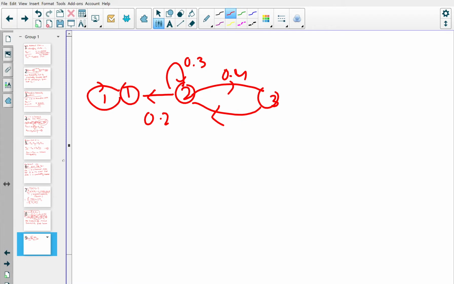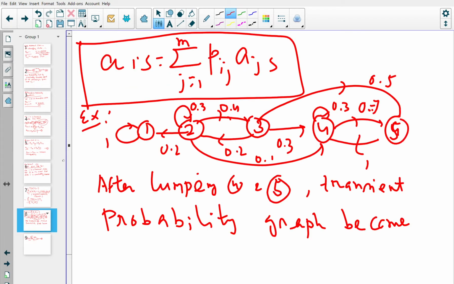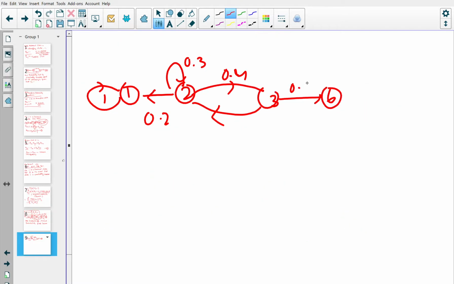Then the 4 and 5 you lump into one state, say 6. Recall that from 3 you can go by 0.5, and then from 3 you can go to 4 by 0.3, so 0.3 plus 0.5 will become 0.8, because 4 and 5 are now a new state. Here you will have 1, but from 2 you can come to 6 with 0.1.